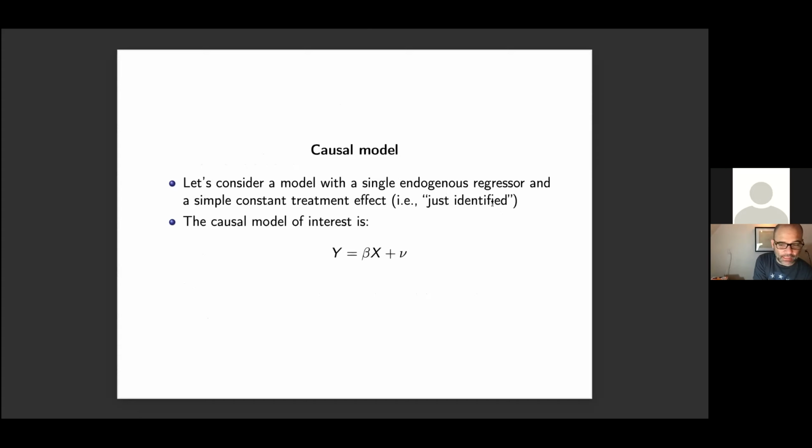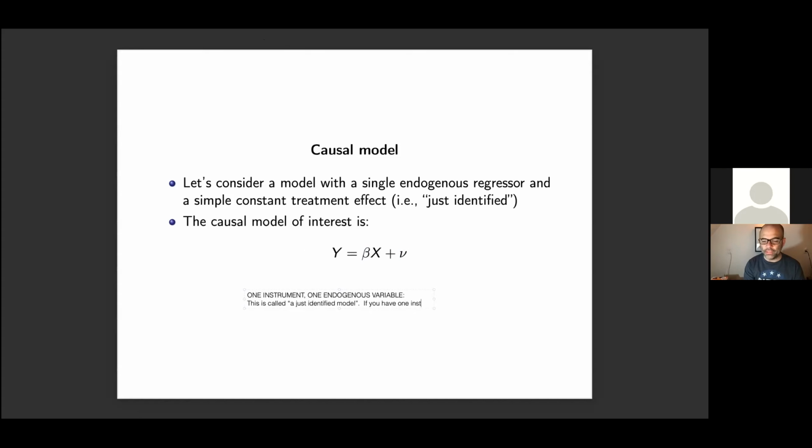So this right here is the structural model. You've got some outcome and you've got some variable, and this is a causal variable. For simplicity, we're assuming that everything's subsumed into V. One of the things you'll hear is this language: one instrument, one endogenous variable. This is called a just identified model.